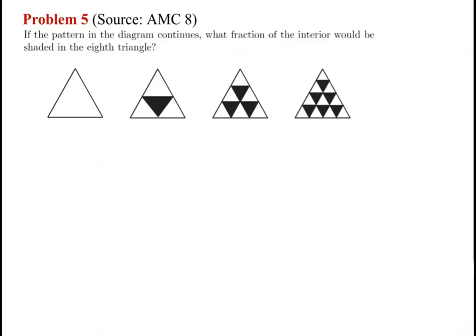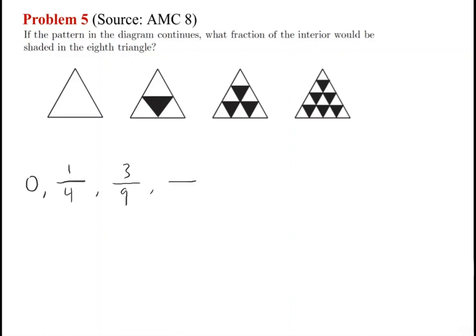So in the first triangle, none of it is shaded, so your fraction is just 0. In your second triangle, it is 1/4 shaded. In your third, it is 3/9 shaded. And we're not going to simplify these just yet.